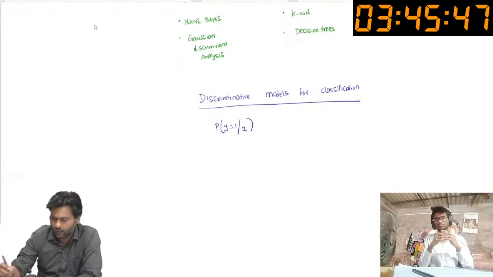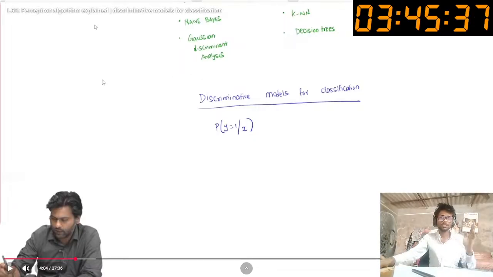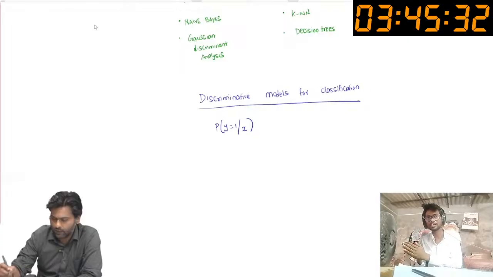That is, we simply have to model p of y given x. So why should we consider the whole generation of the story? Then we have to track all the parameters, right? So from that paradigm, we are shifting from the generative approach to the discriminative approach. In the generative approach, there is a problem: we have to deal with many probabilities of different parameters.